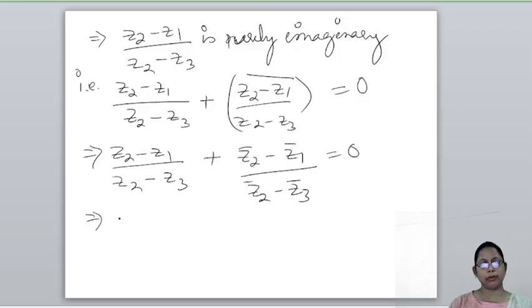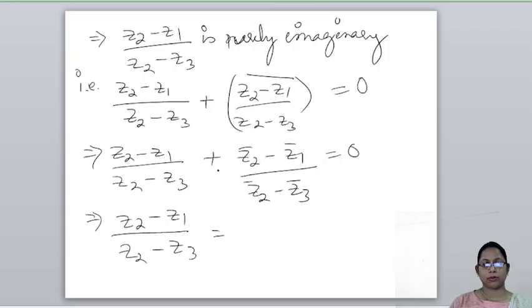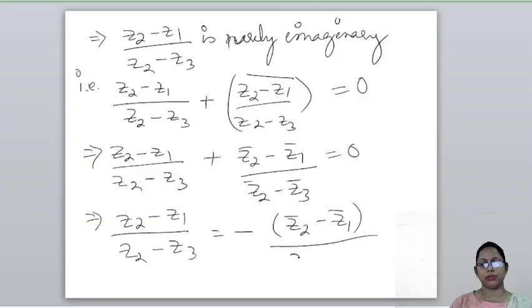Bring the second term to the right hand side. It will become minus Z2 conjugate minus Z1 conjugate by Z2 conjugate minus Z3 conjugate. Call this equation 1.